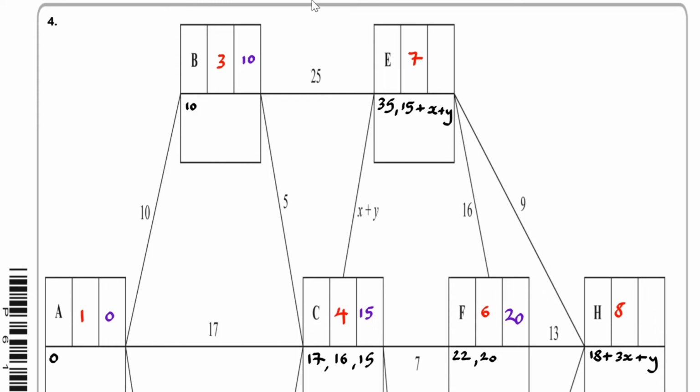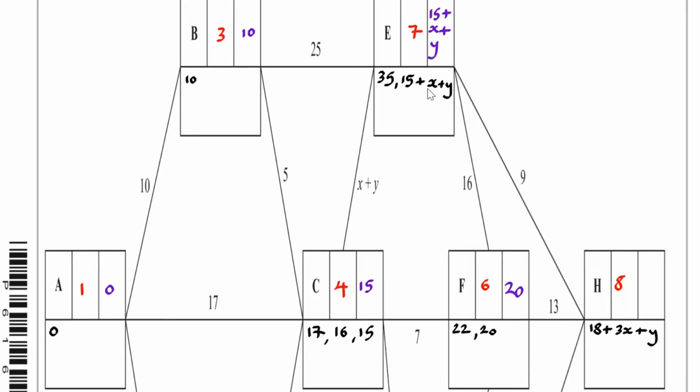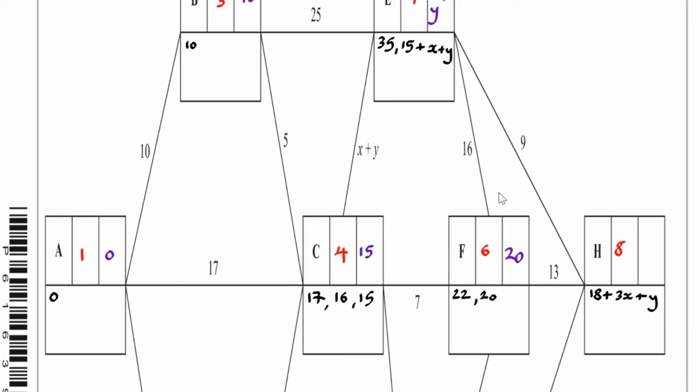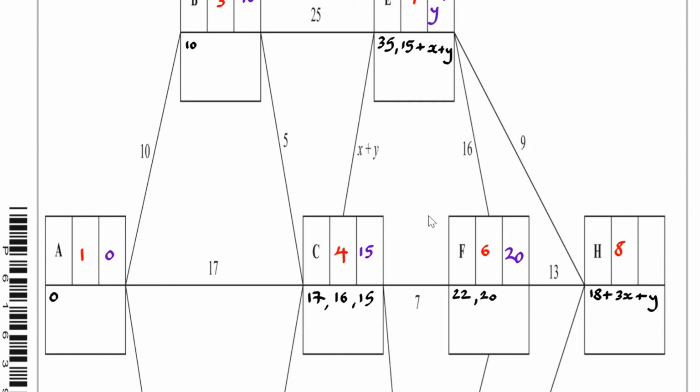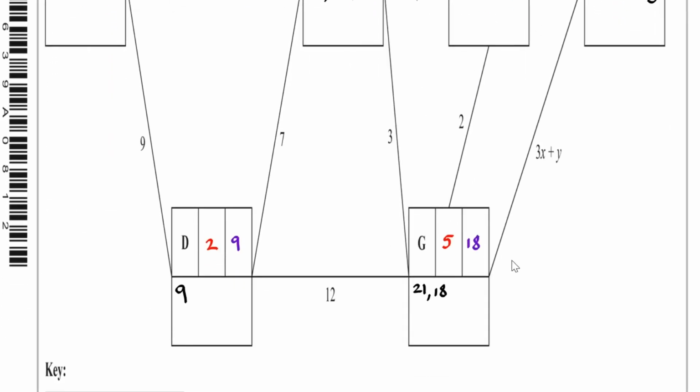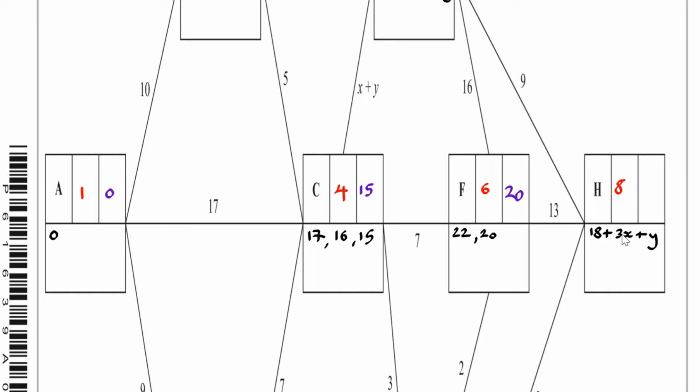So what we'll carry through in this box, we'd have 15 plus x plus y. Okay, so we have 15 plus x plus y, and in this box here we have 20 plus the 13, that's 33.